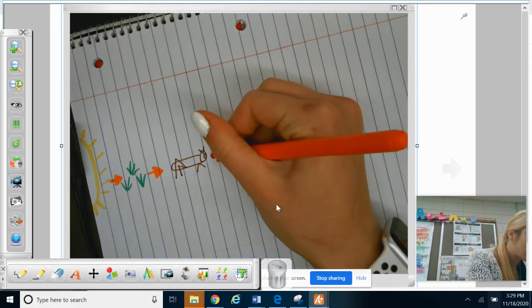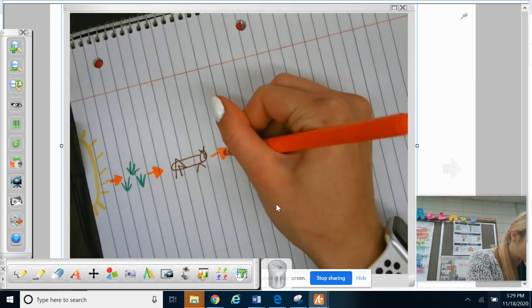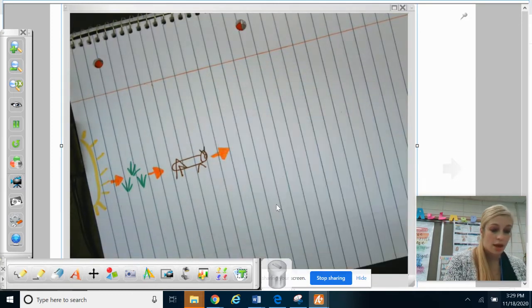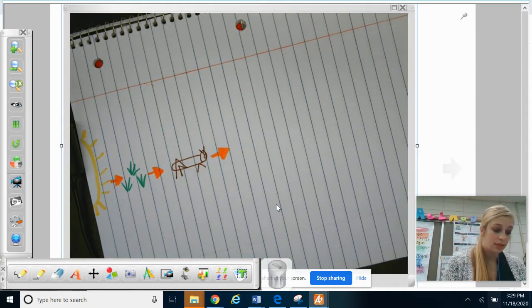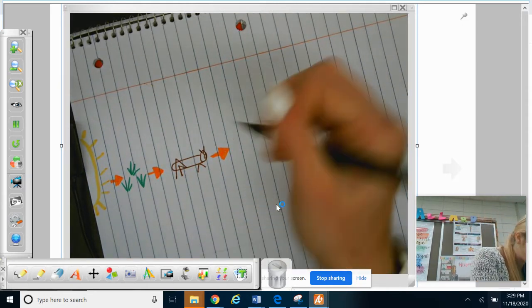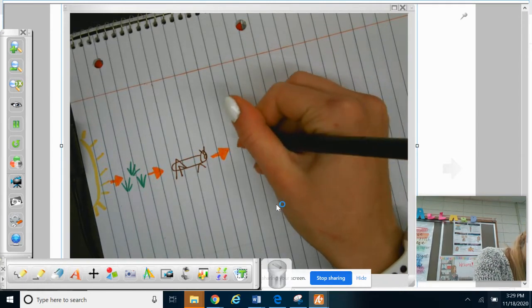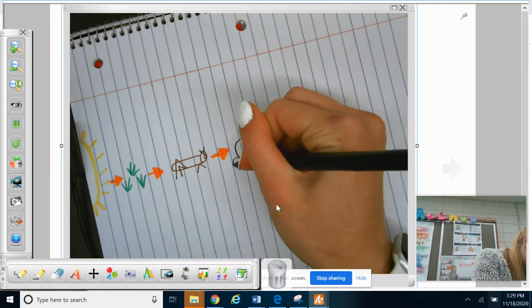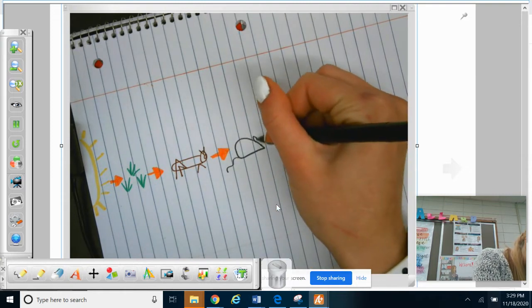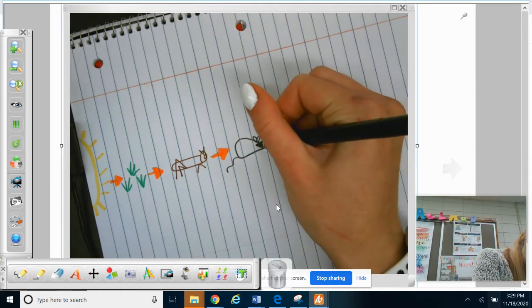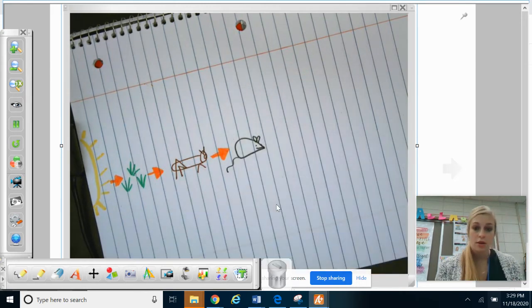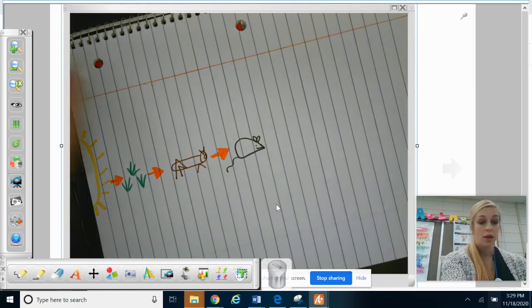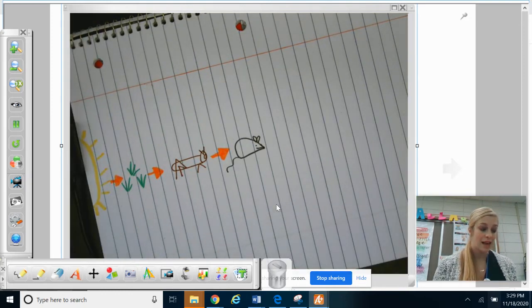My grasshopper is going to give energy to a mouse. A little mousey. This guy's a little bit easier to do. Right. And remember, as you move down the food chain, the energy is getting less and less.